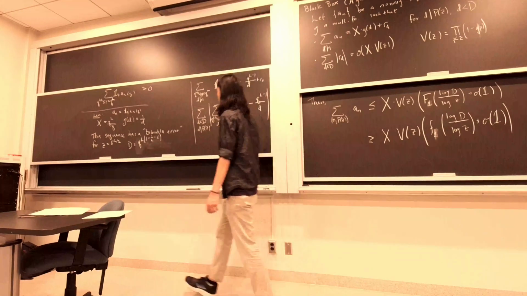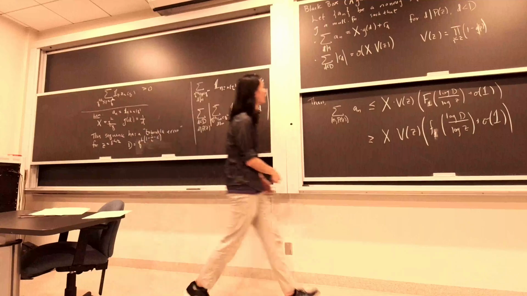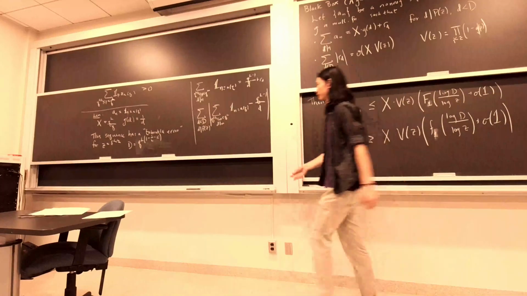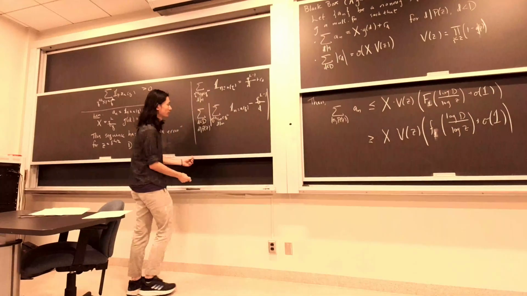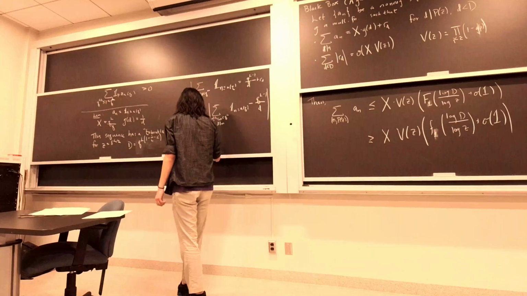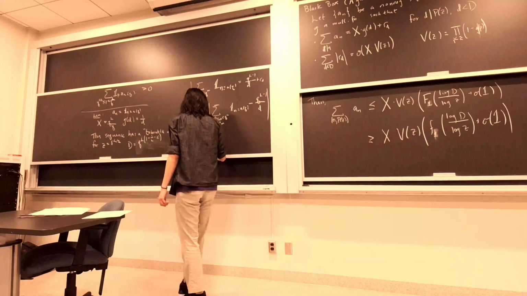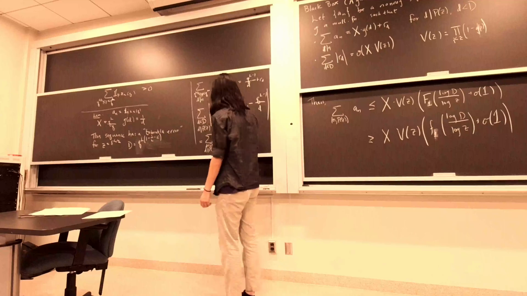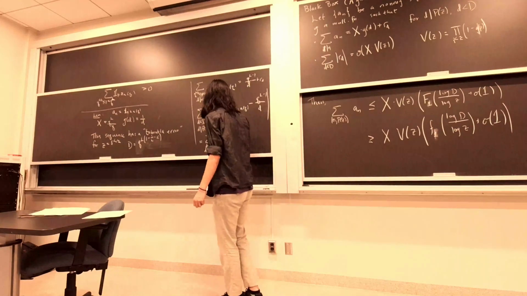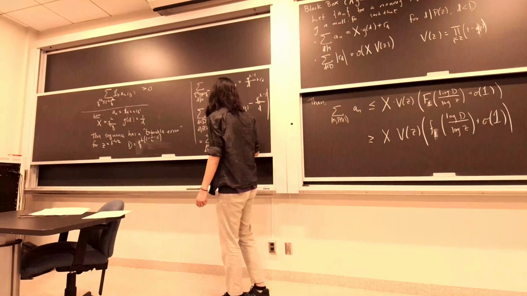We want this to be small compared to the main term that we want, right? We want this to be big O of x times V of z. So this is going to be the sum over d less than capital D, d dividing P of z, of, oh, it's going to be big O of 1. That's our r sub d.